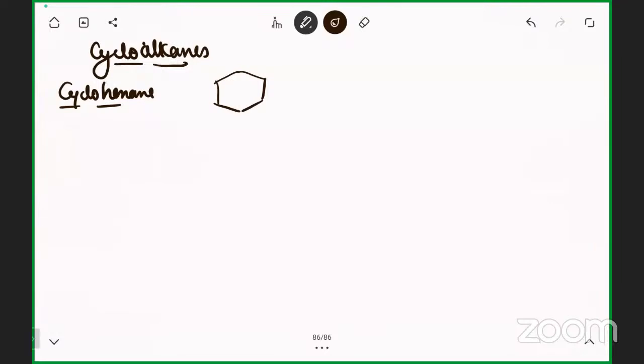Bond angle in cyclohexane. See, basically, the bond angle of an sp3 hybridized carbon, just because if the single bond is present, the hybridization is sp3, and the bond angle must be 109.5 degree, or you can say 109 degree 28 minutes. So the bond angle must be this much.